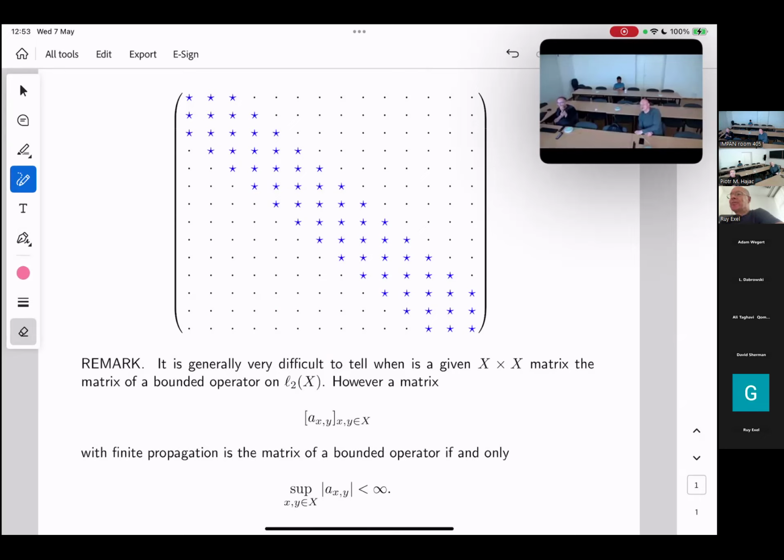My question is, what about taking another Hilbert basis of L2? And then can this property be characterized intrinsically? There's absolutely nothing you can say if you look at other bases. And I should say that the study of Roe algebras is very much connected to this particular basis.